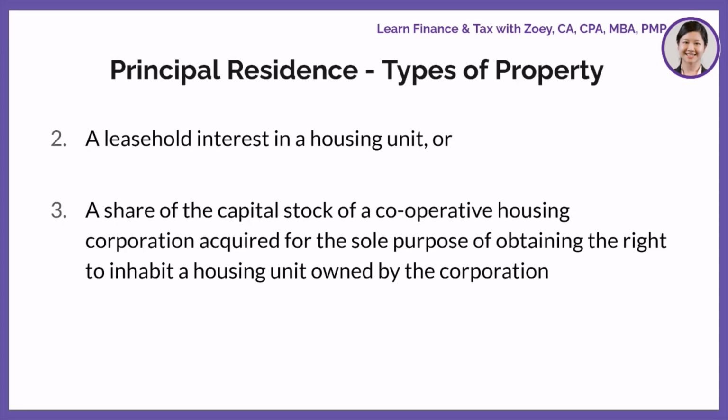Principal residence could also be a leasehold interest in a housing unit, or a share of the capital stock of a cooperative housing corporation acquired for the purpose of obtaining the right to live in a housing unit owned by the corporation.